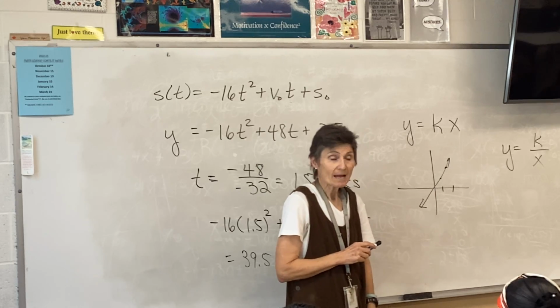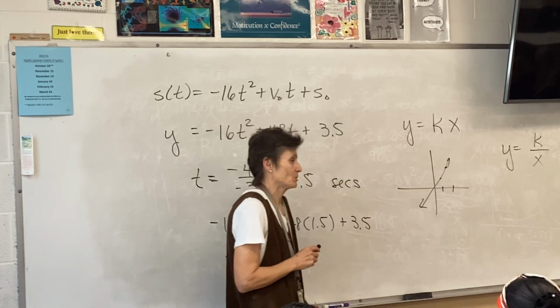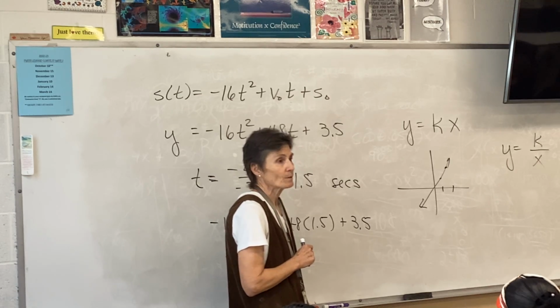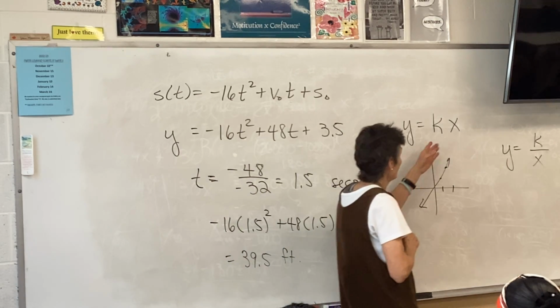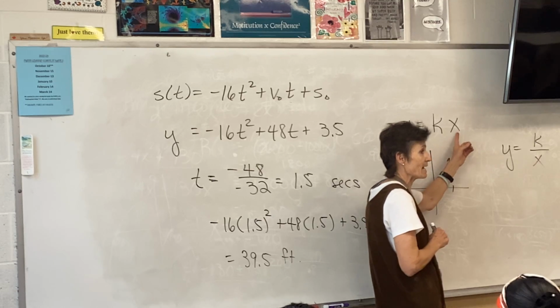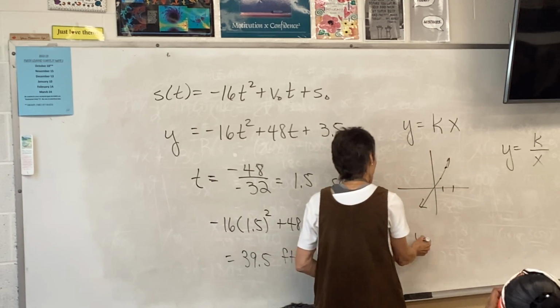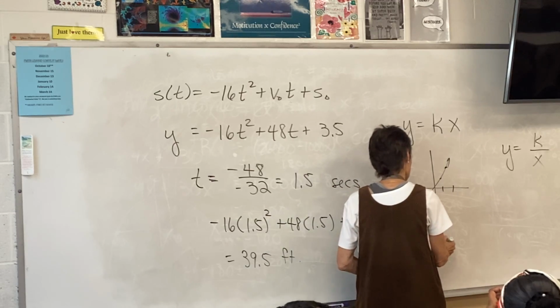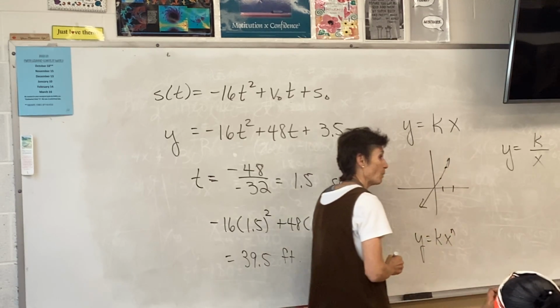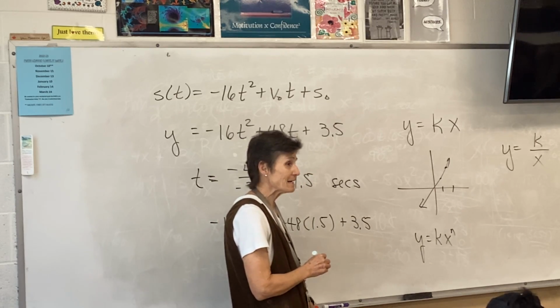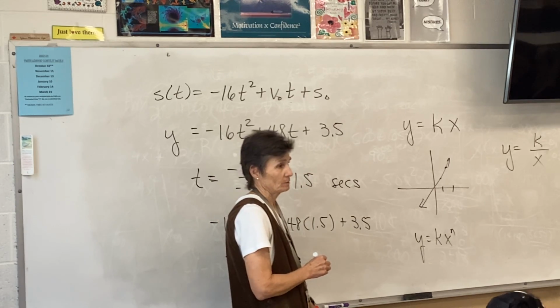Okay? Now, a power function is anything of the form y equals something times x to a power. So a power function is something times x to a power. And the power can be anything except 0.